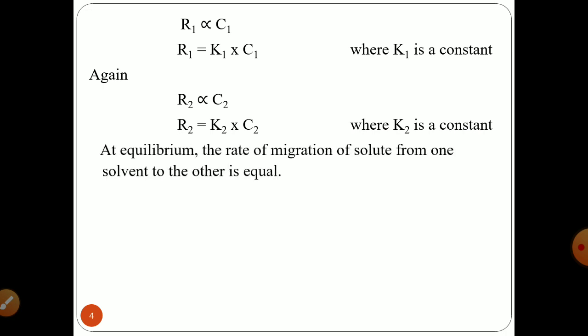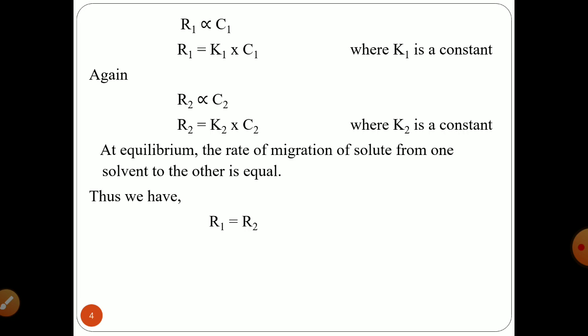But remember, at equilibrium, the rate of migration of that solute from one solvent to the other is equal. Meaning the rate of distribution in solvent 1, that is A, and the rate of distribution in solvent B, that is 2, are in equilibrium. That's why we have R1 = R2.